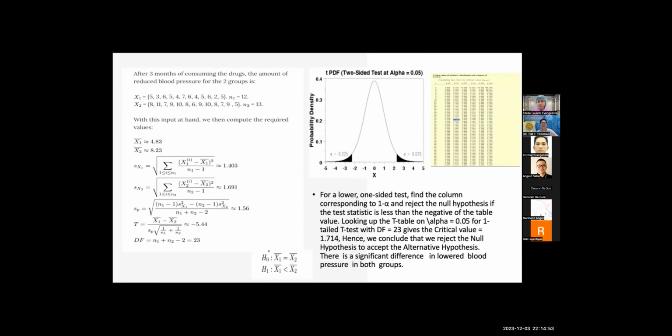Sorry, are you following? Yeah. So upon application of the formula, Doc, we came up with a calculated t-value of 1.7. To cut it short, given the formula, and since there is an application for this, we came up with 1.714.